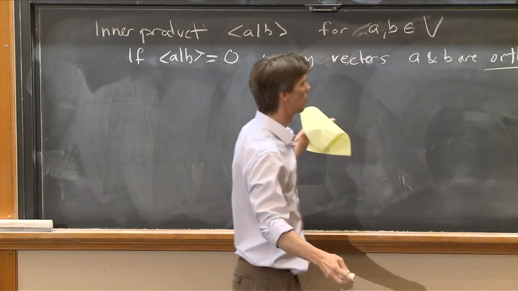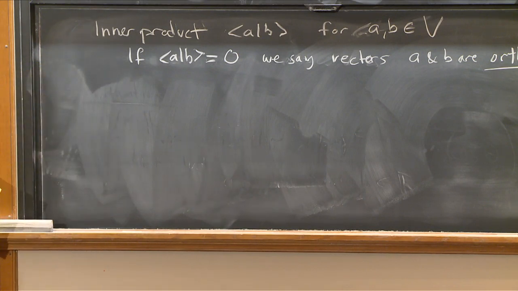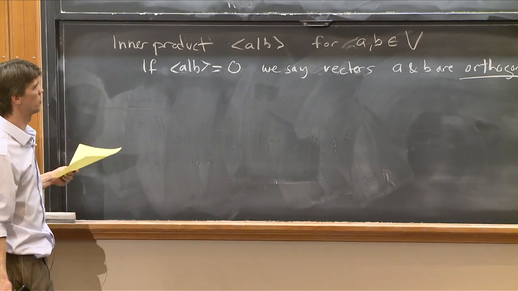And I'm sure you know what orthogonal means in terms of Rn, but this is just the statement of what it means in an abstract vector space. Okay? This is the definition of orthogonality.